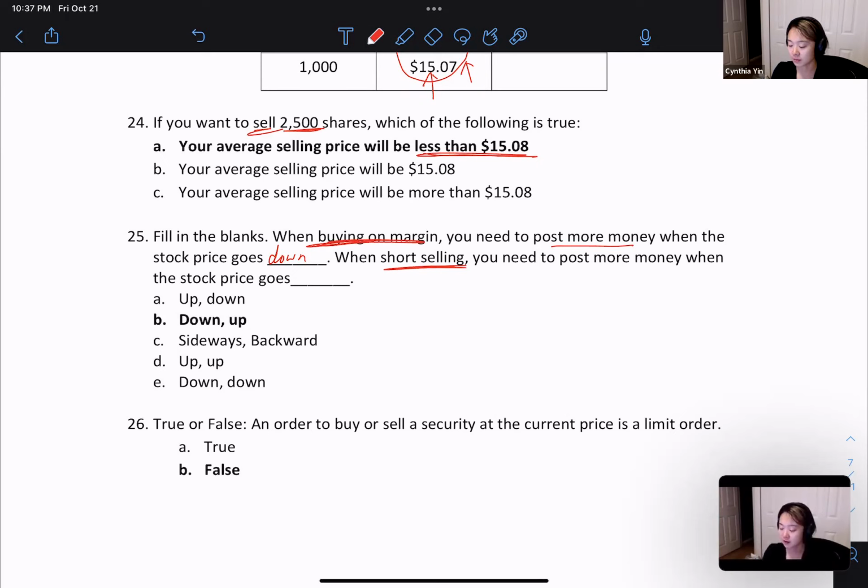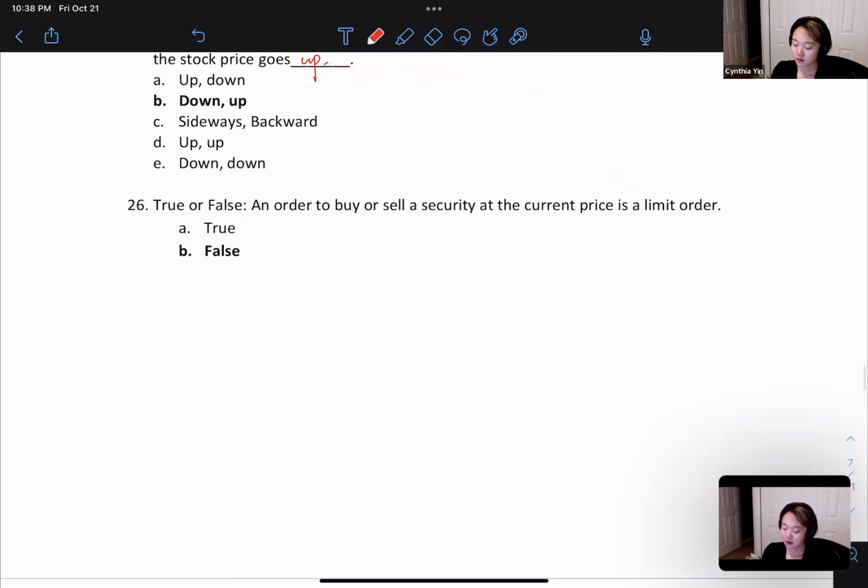You're negative about the price. Then you will post more money when you lose, meaning when the price goes up. In order to buy or sell a security at a current price, it's not a limit order. Current price is market order. And limit order always has a price that differs from the current price.